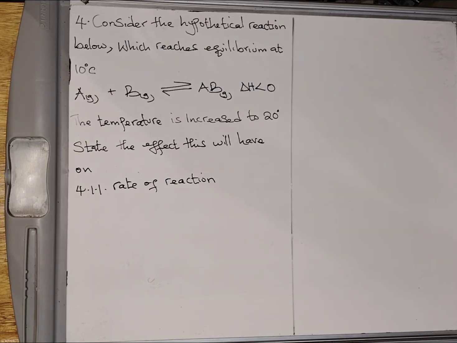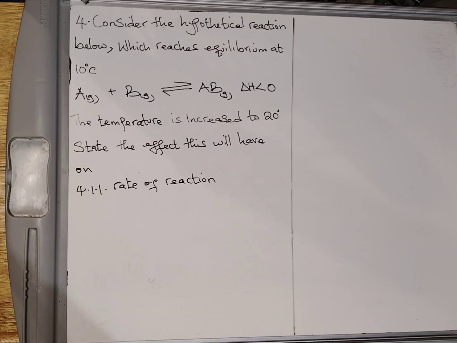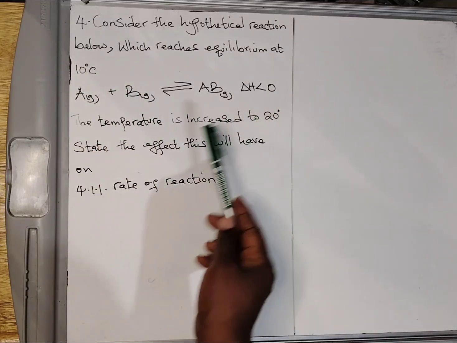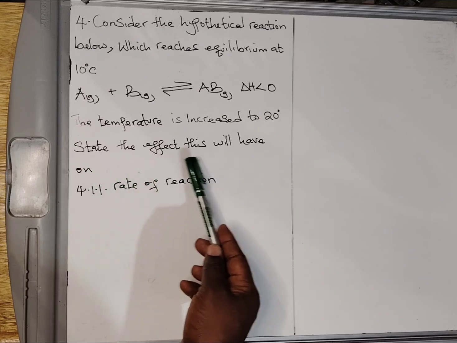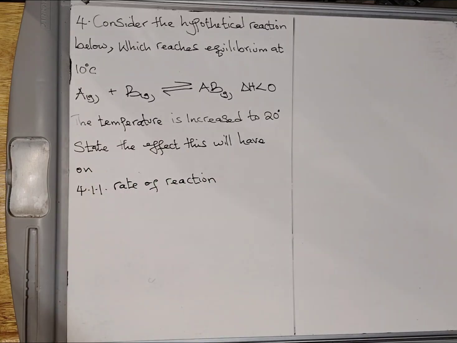So what do we have here? We have the equilibrium. The temperature is increased to 20 degrees. It was 10, then it was increased to 20. State the effect this will have on the rate of reaction.